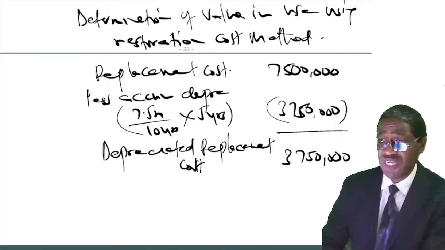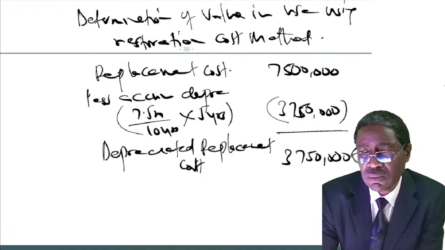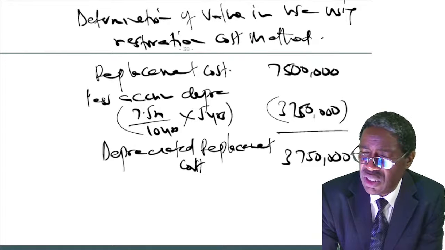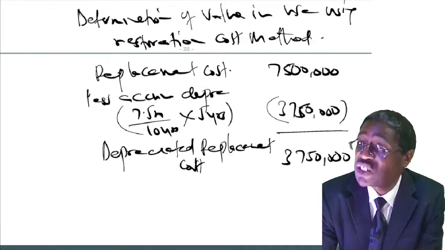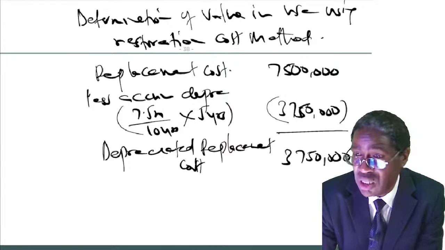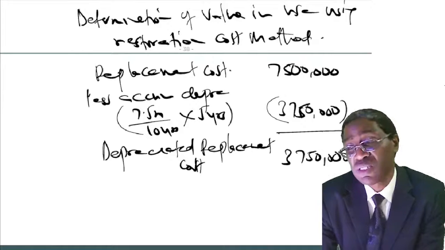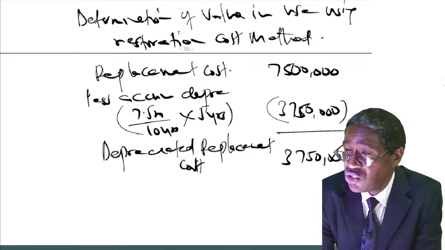I want you to listen carefully. If we were to use this method, the depreciated replacement cost, as a method of determining the value in use, remember there is nowhere we are told how much the bus can be sold for.